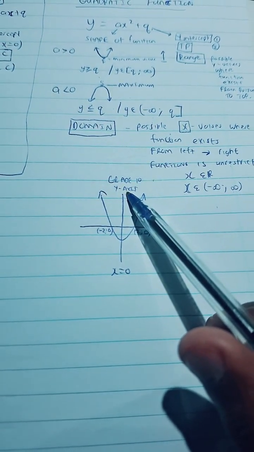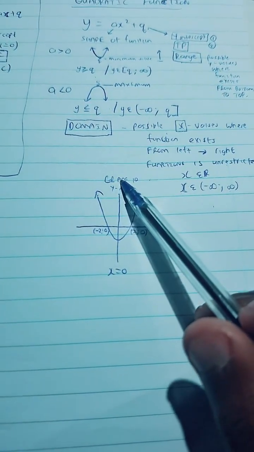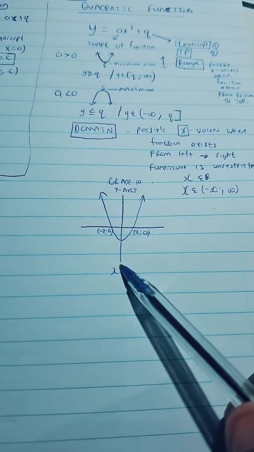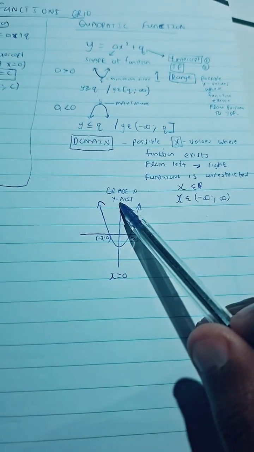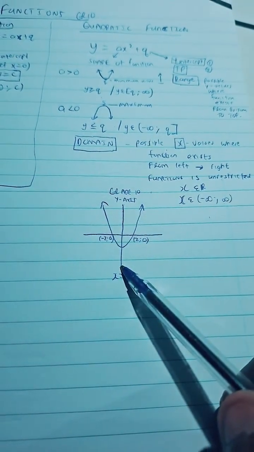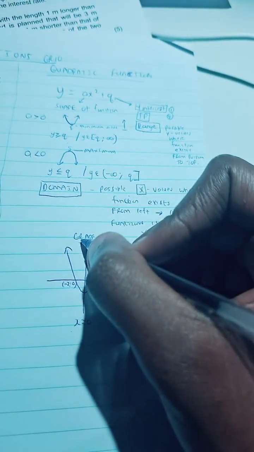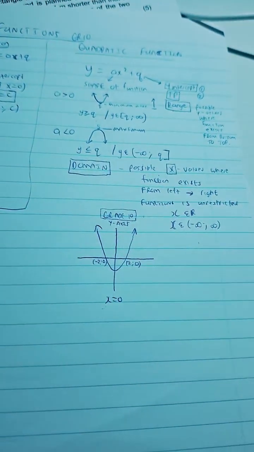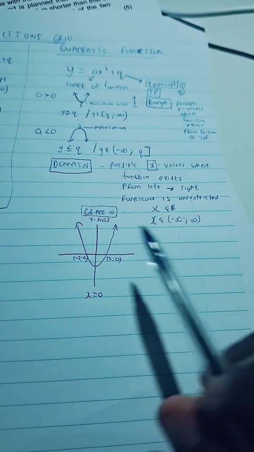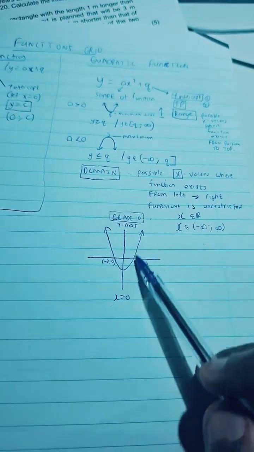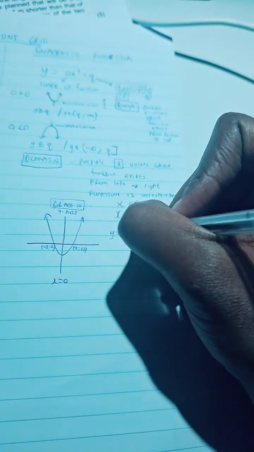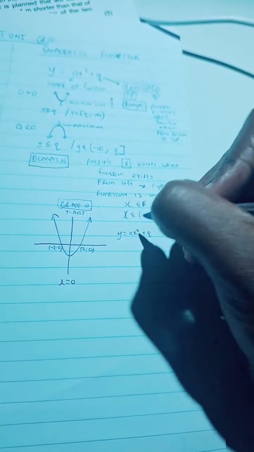In grade 10, your parabola is restricted along the y-axis, and therefore it's always symmetrical. The function for your parabola is always symmetrical. Things will only change in grade 11 and 12. But for a grade 10 learner, this is as much as you want to know, which is why your function is always y is equal to ax squared plus q.